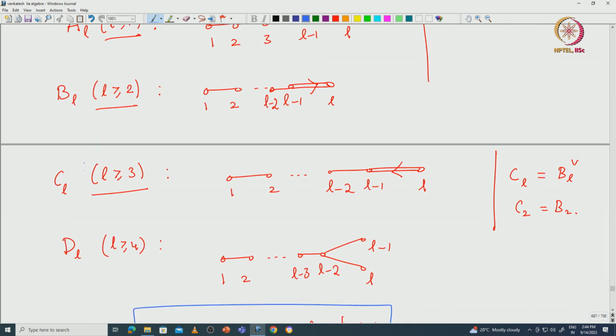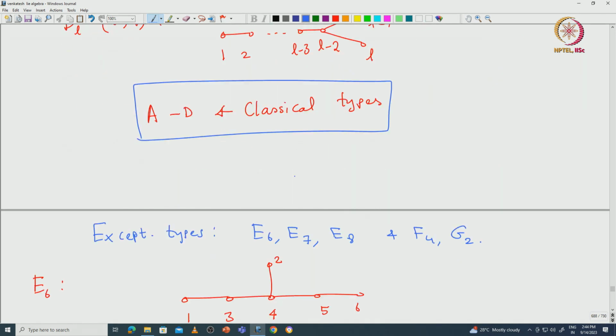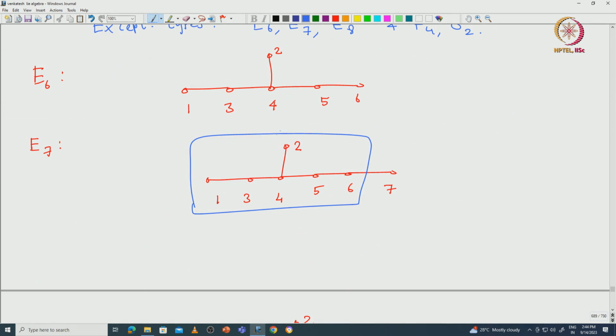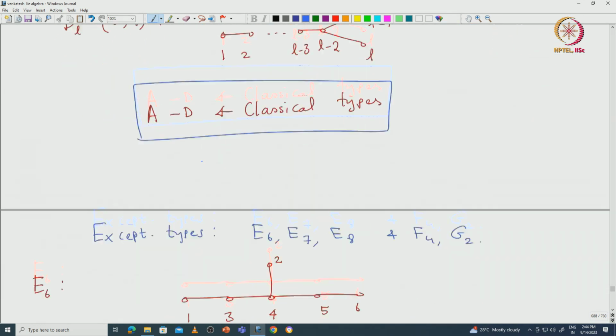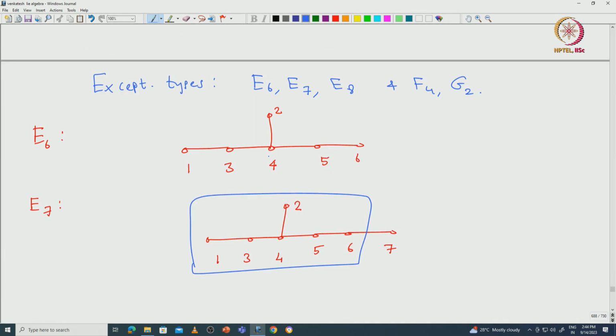Only in B and C we are not able to decide from the Coxeter graph which one is B and which one is C. In types A, D and E there are no arrows.